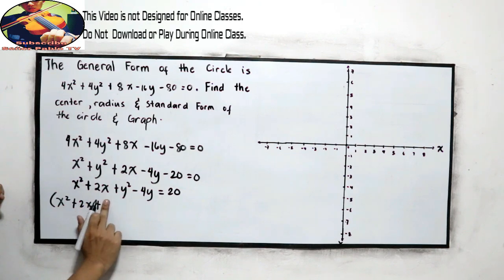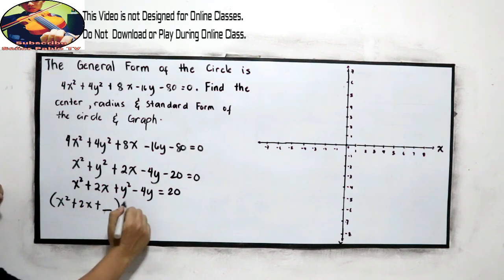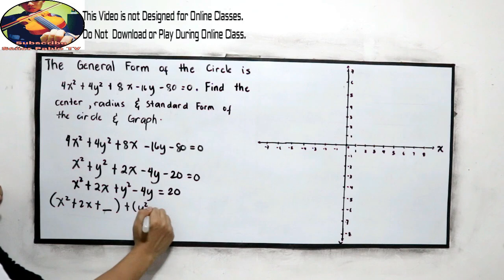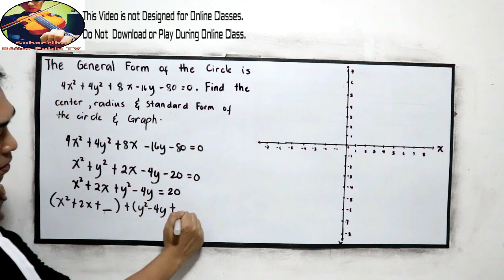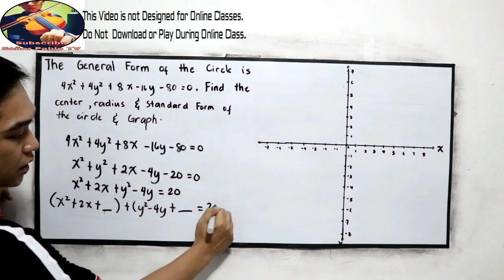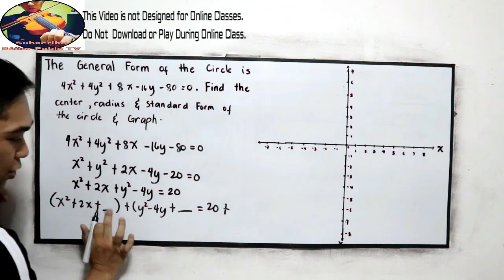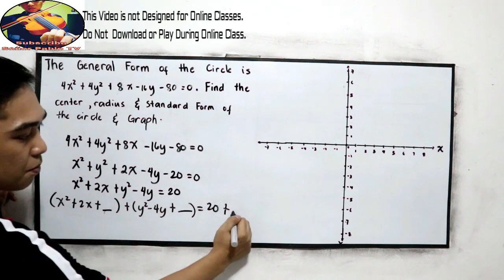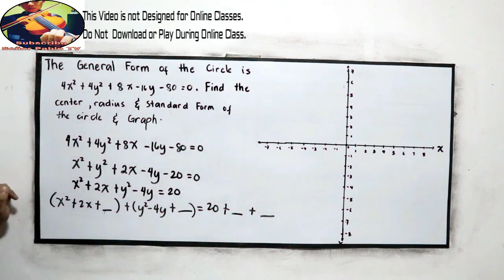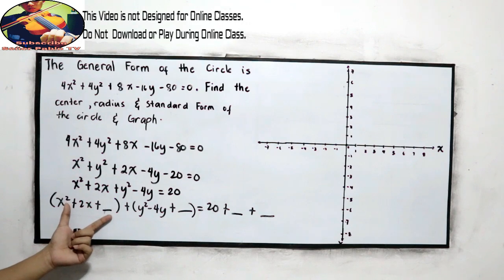So we add blank, plus y squared minus 4y plus blank is equal to 20. We added 2 blanks, so plus blank and plus blank. Make it a perfect square trinomial.